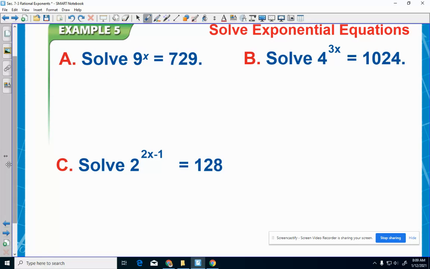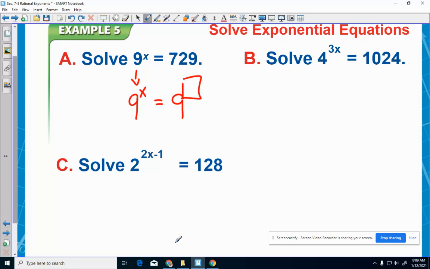All right. So as you look at this, 9 to the x is equal to 729. Well, right now, these two statements don't match each other. But because this has a base of 9 on the left-hand side, the goal will be to write 729 with a base of 9 as well. So can we find 9 to a power that is equal to 729?